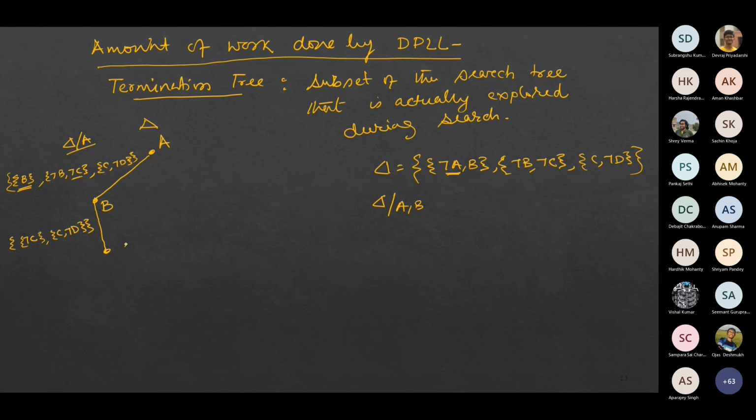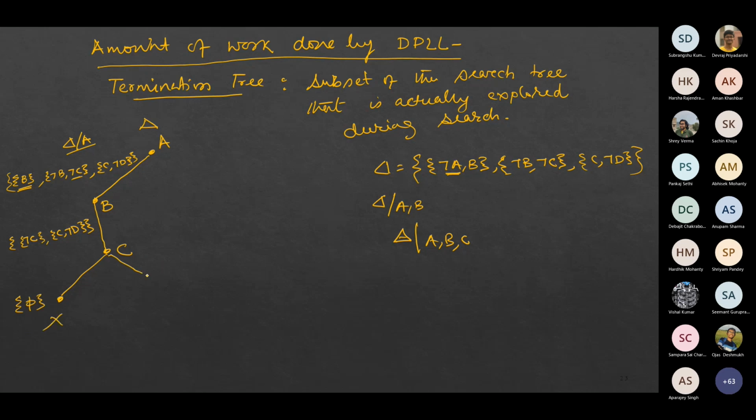Then let us try to expand, explore C, right? Now, if we assign the truth value to be true, that means we are doing a conditioning on A, B, and C. So what happens? We get a contradiction at this point.